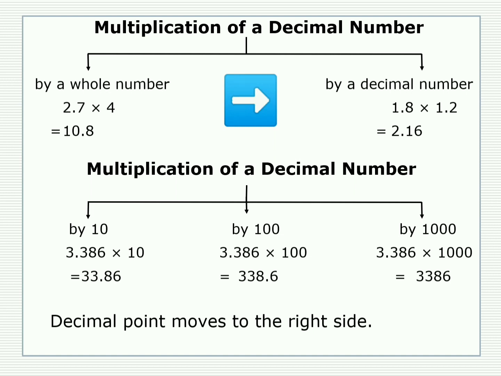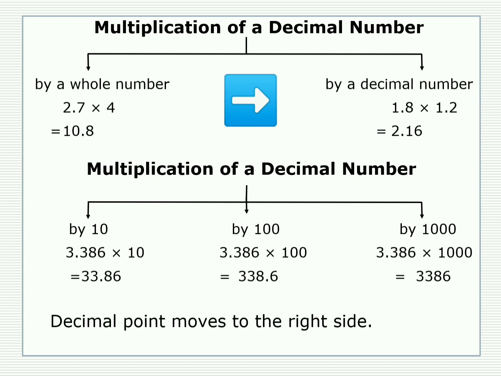Now multiplication of a decimal number by a decimal number. For example, 1.8 multiplied by 1.2. Here ignoring the decimal point we will multiply. So 18 multiplied by 12 gives us 216. And what we have to do?